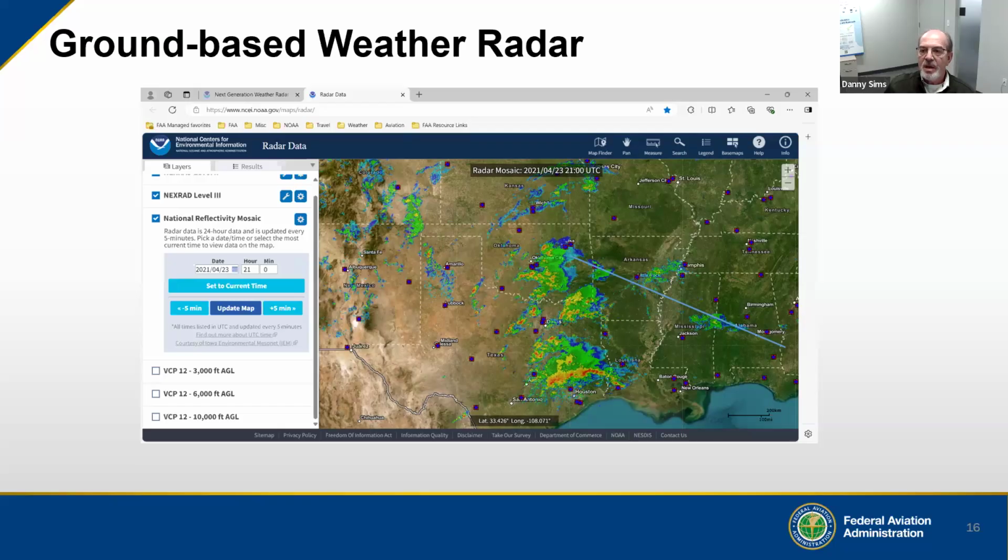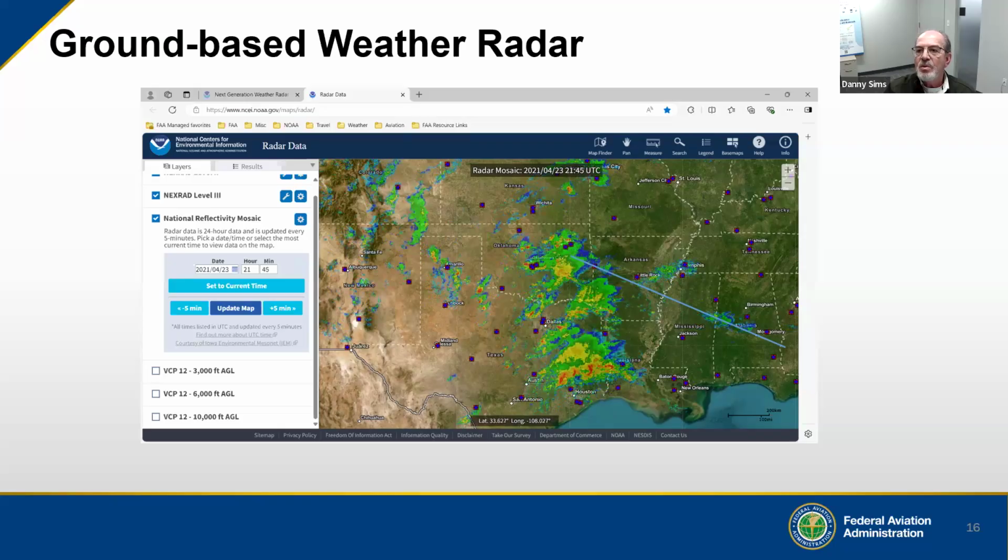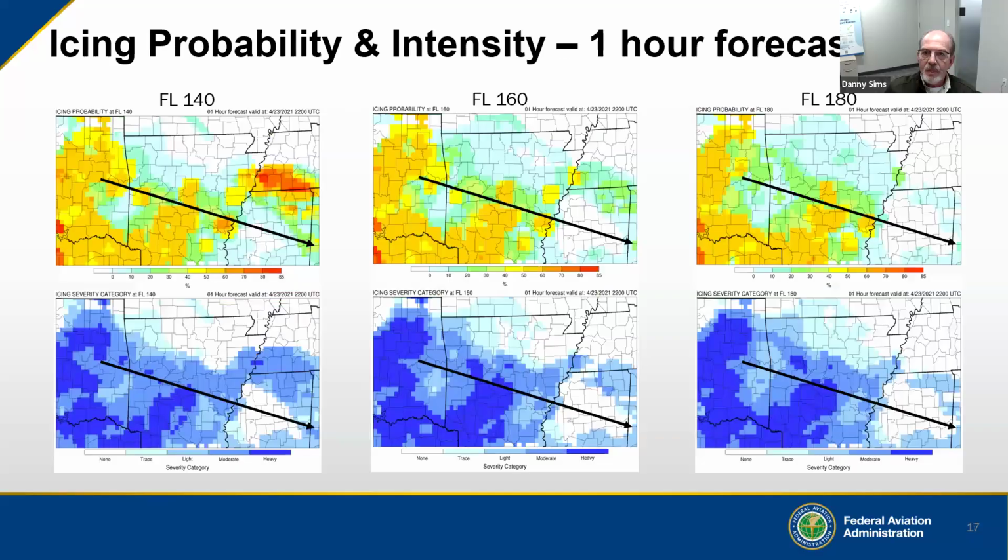It's near real time, but do not use this for tactical maneuvering. But in our case, it continues to show a steady progression towards the northeast into our flight route. So by the time of 2200, you can see how it has moved steadily there.